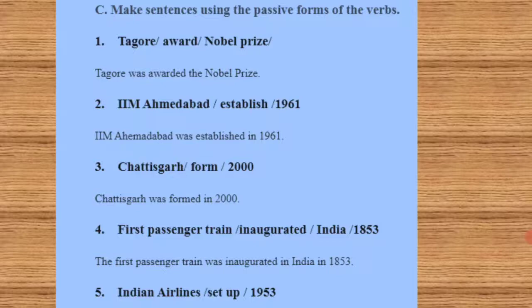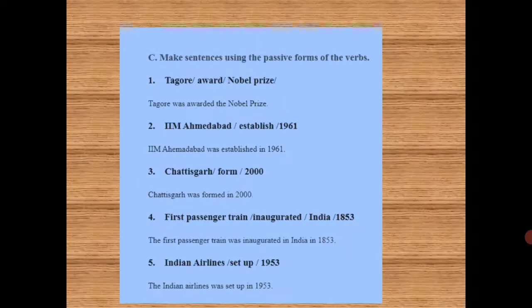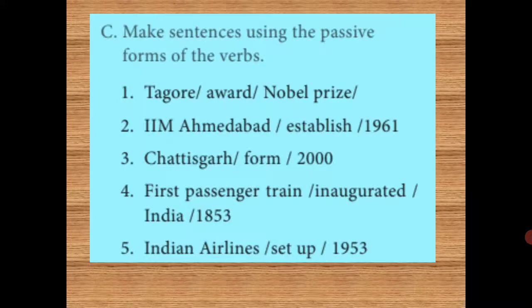In all the sentences, the verb is in present form, still it has been changed to past form. So no worries about that. Some verbs are present verbs, some verbs are past verbs, but no worry, because it is already in the passive clues. You just don't worry about the verbs here.